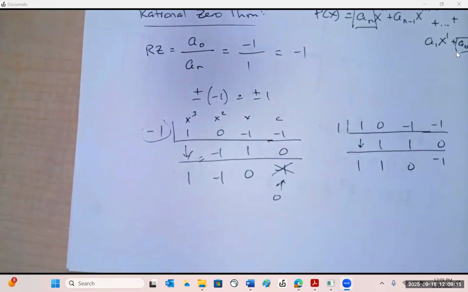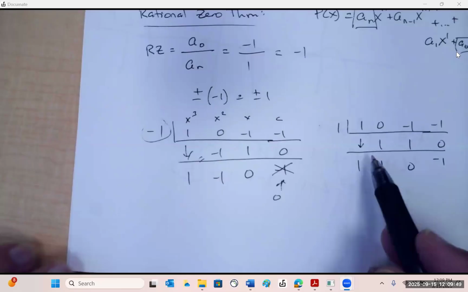Okay, so now this tells us that we don't have any integers as our answers. So we have to use another method that's more complex.